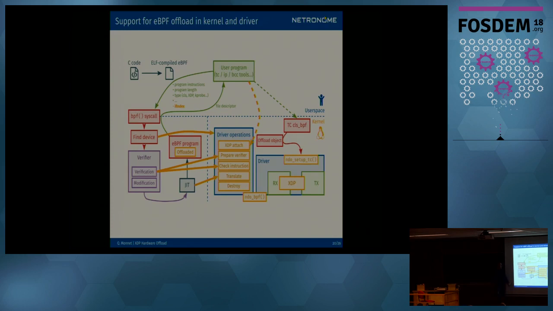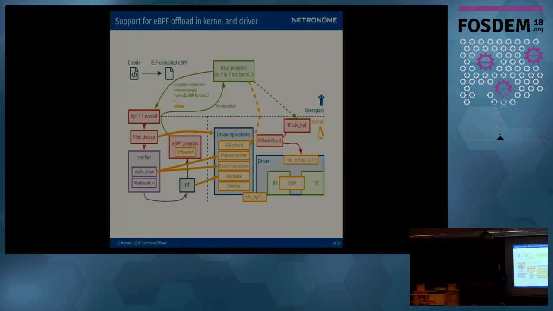And then each time the BPF NDO is called after that, we are able to call directly the callbacks from the driver to process our BPF bytecode. So for example, before starting the verifier itself, we will be able to call a function to prepare the verifying side from the driver. We also have checks made at the driver level to ensure that we can offload that program and we won't have security issues by offloading it.